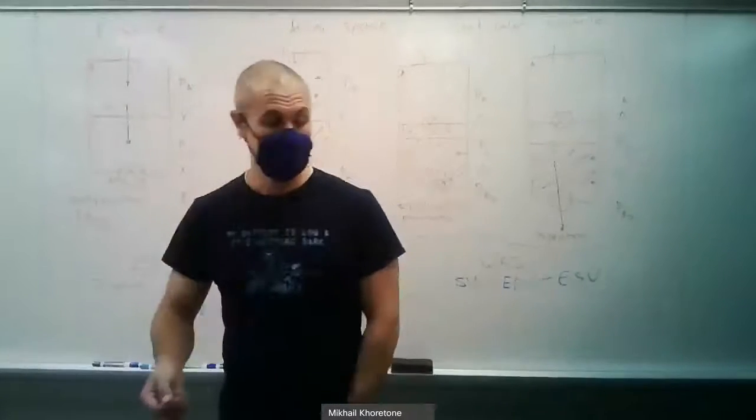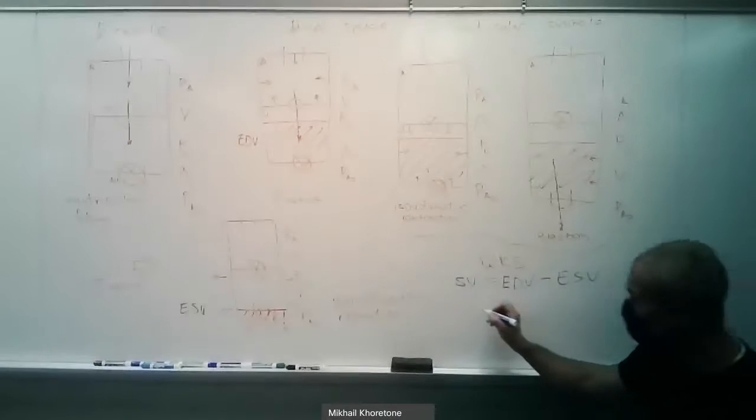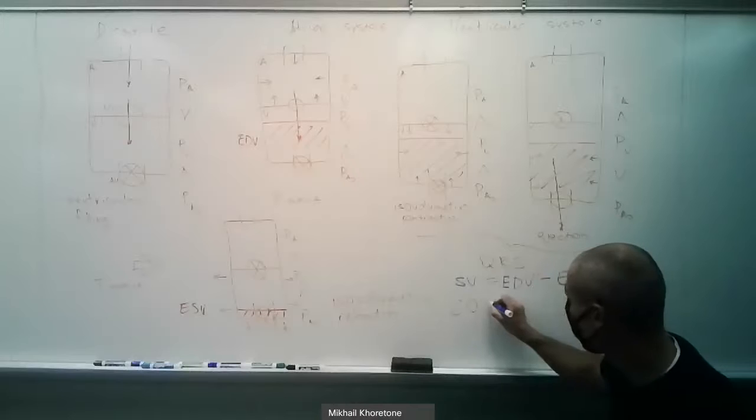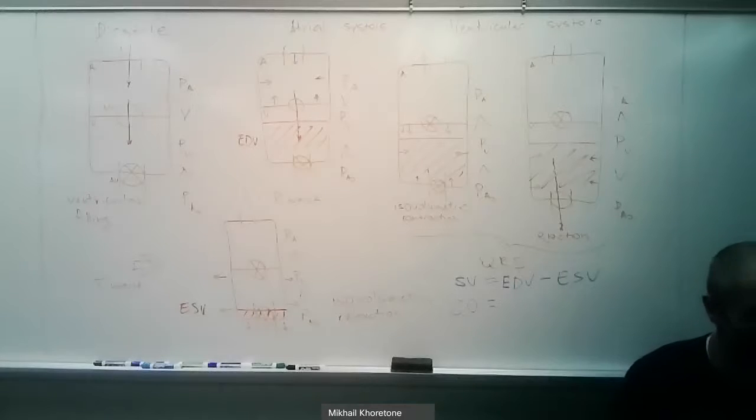Cardiac output is the amount of blood that your heart pumps into either circuit in 1 minute. Does that make sense? Okay?